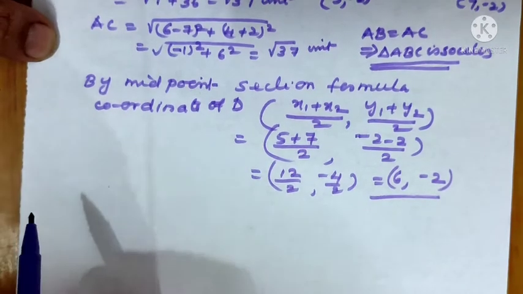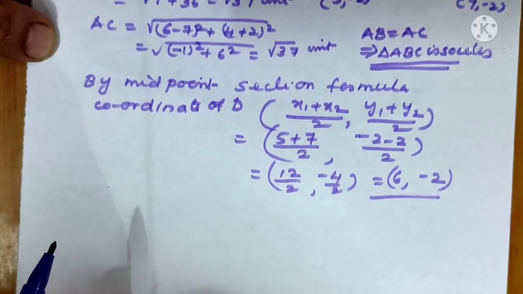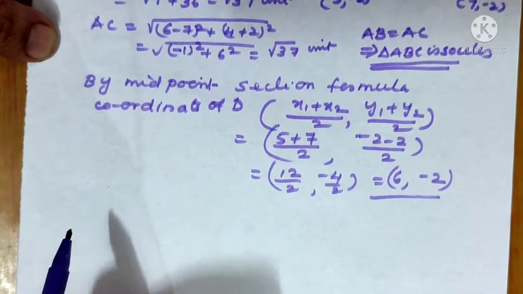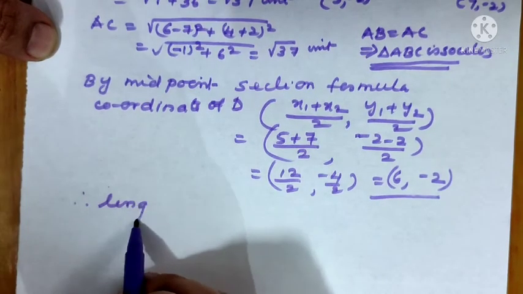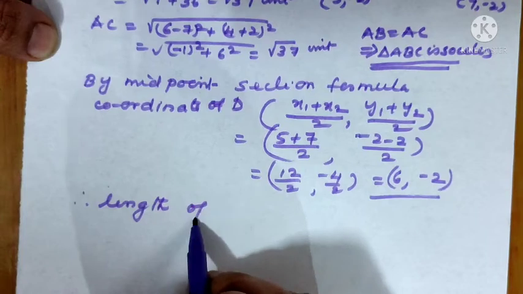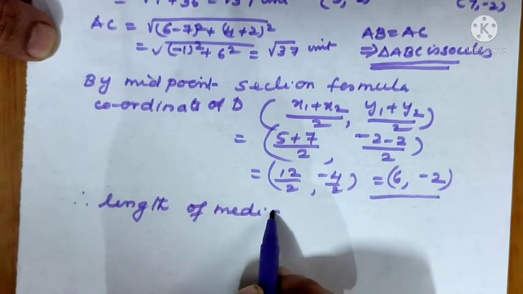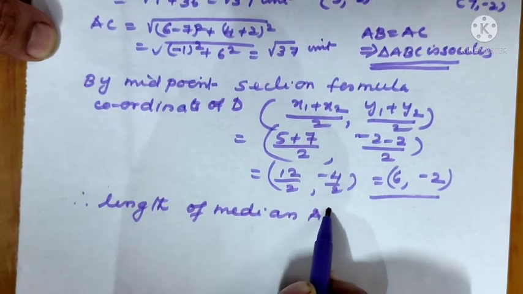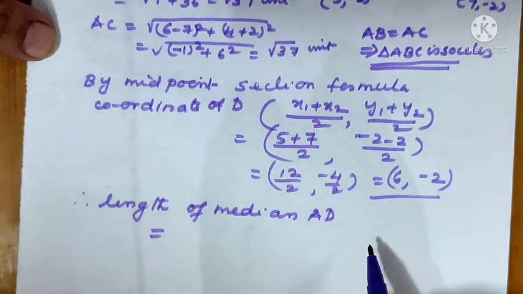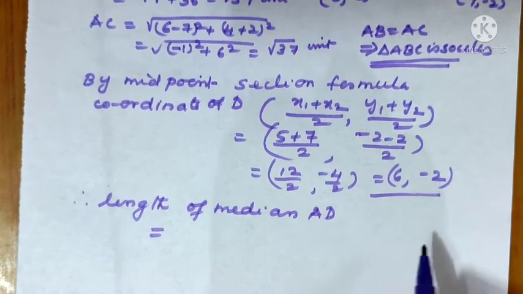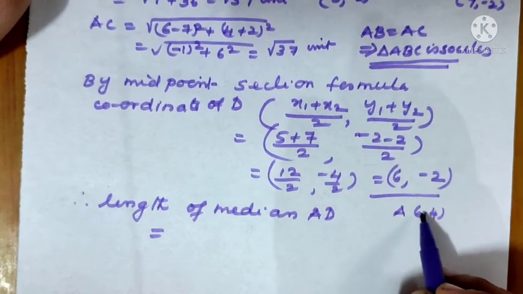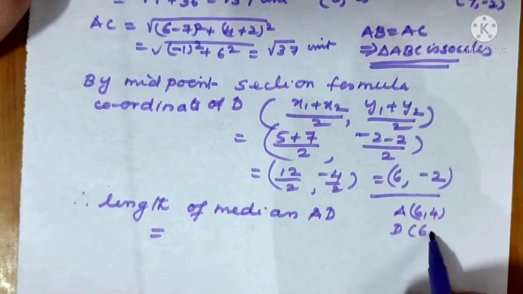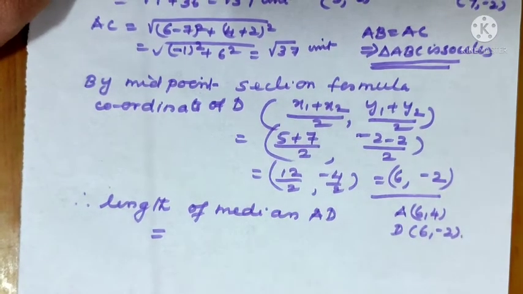One more answer we got. Now what are they asking? The length of the median through A. Therefore, length of median AD equals, again, the distance formula only. A is (6, 4) and D is (6, -2).